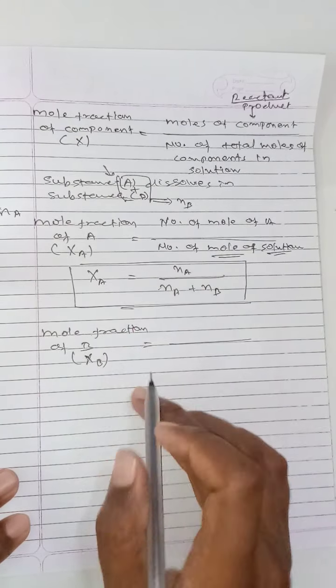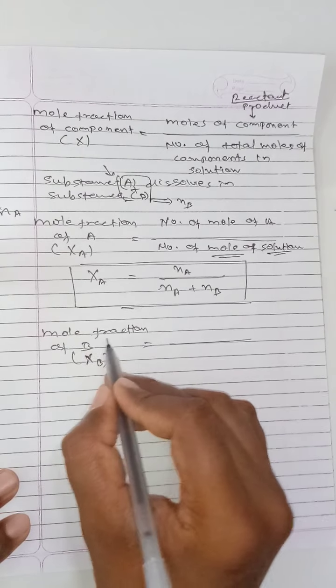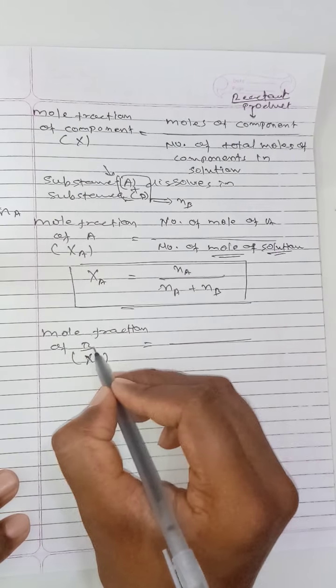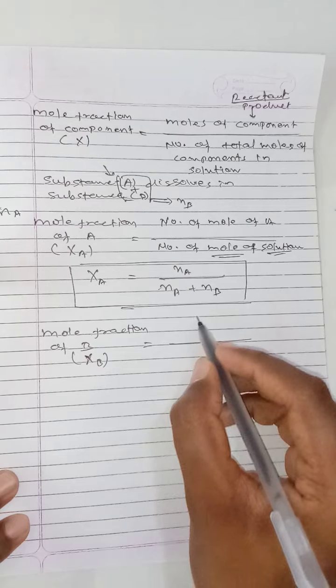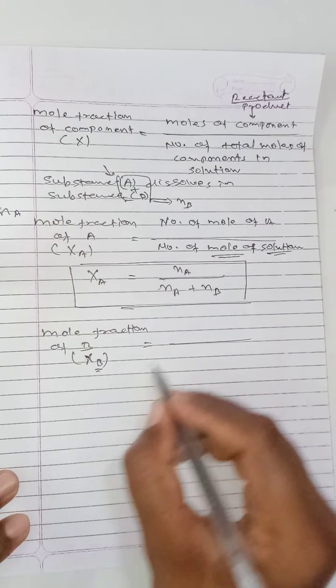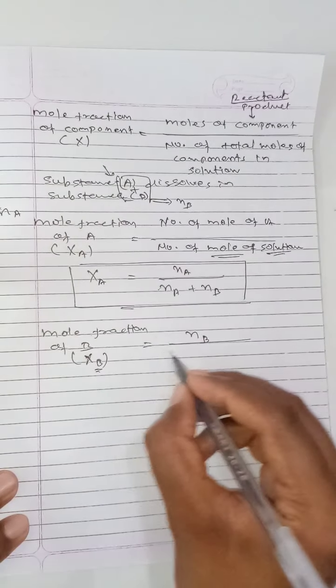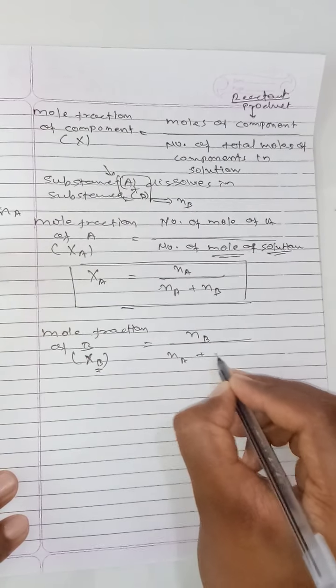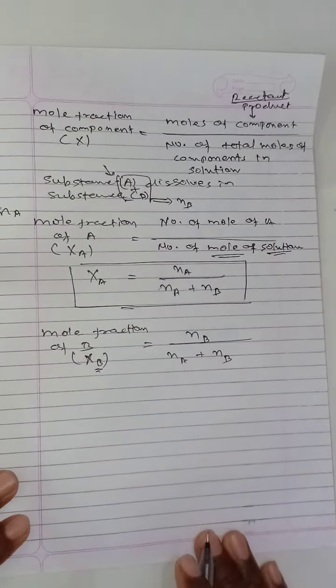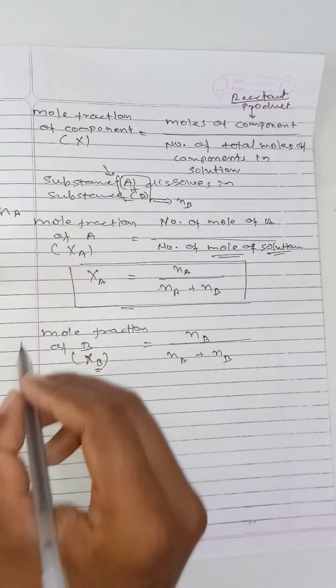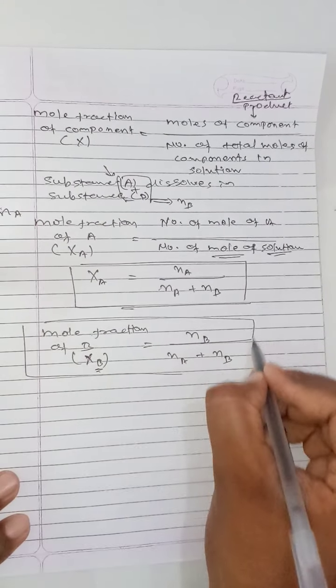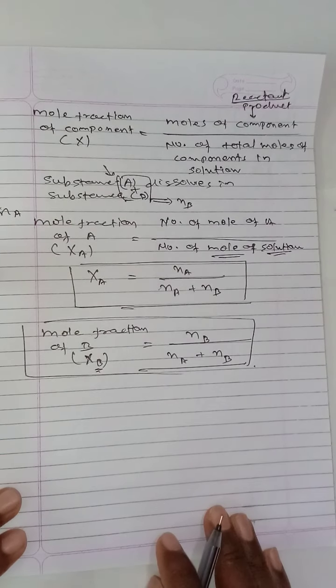Now from this data, number of mole for B is Nb divided by Na plus Nb. Okay, this is the another formula.